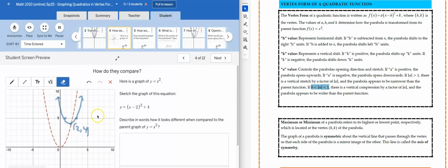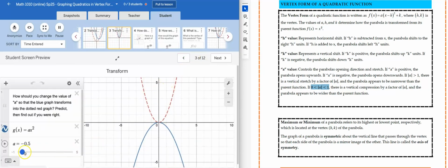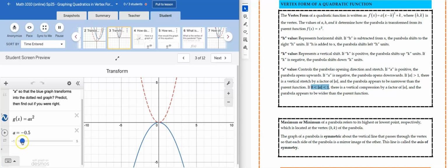Let me go back to this one. So here, it was 1/2, which is 0.5. Do you see how that's wider than what our parent function is? The parent function's in red, and it's a little bit wider than it. So that's making it wider.